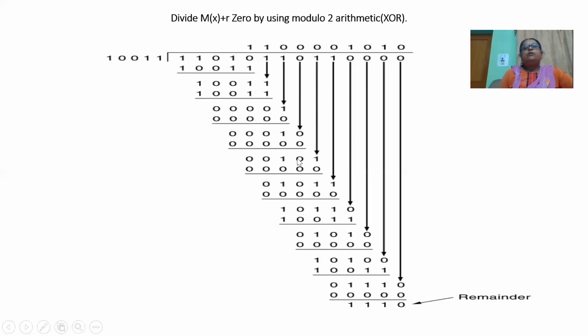Either input is 0, output will be 0. Either input is 1, output will be 1. Both inputs are 0, output will be 0. Both inputs are 0, output will be 0.